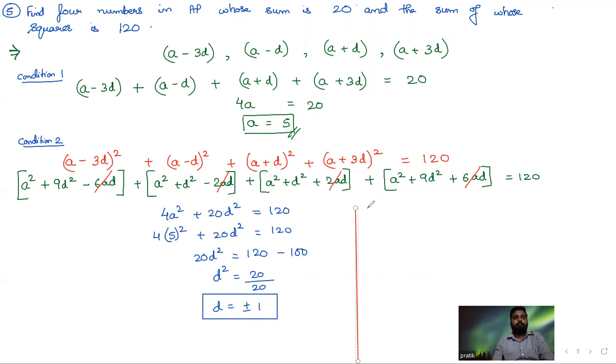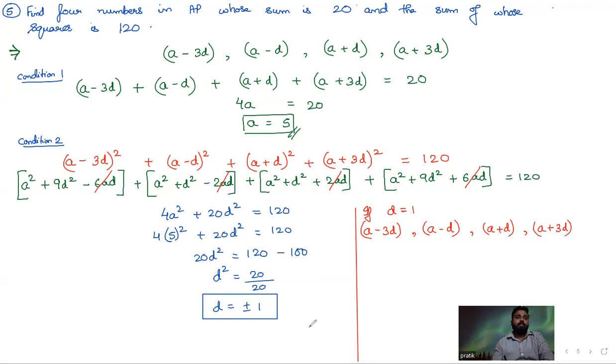In case d is equal to 1. So you know the value of a anyways. So the terms are a minus 3d, comma, a minus d, comma, a plus d, and a plus 3d.